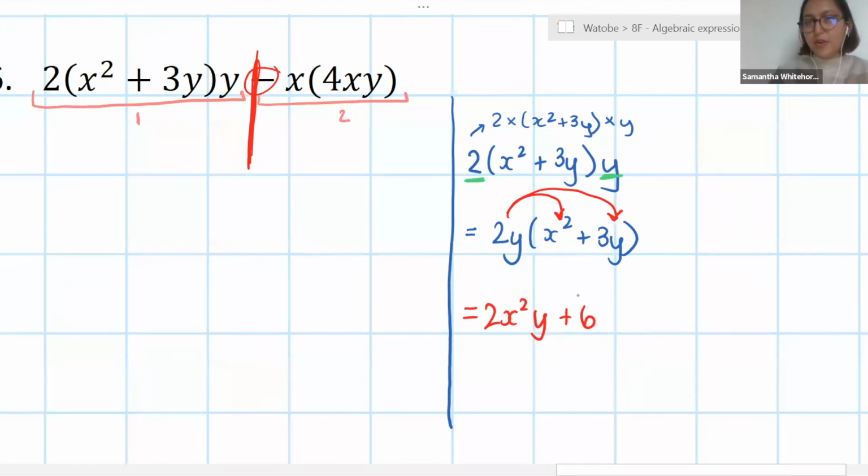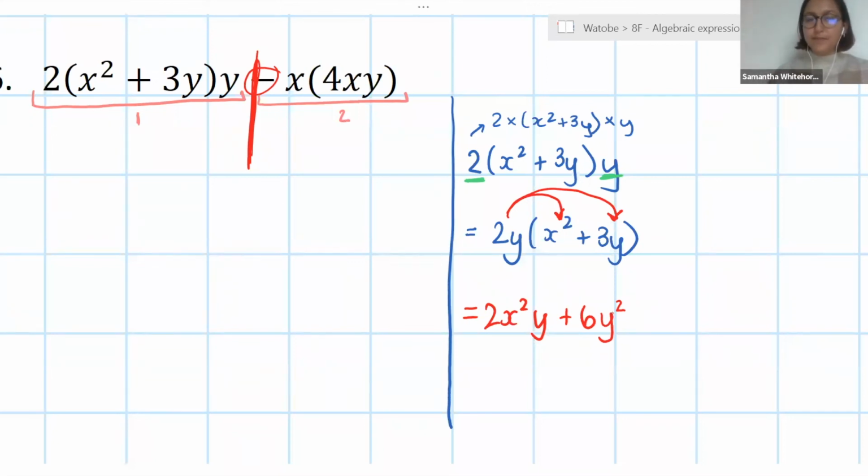Okay, now if we've got a y times a y, what do we end up with? x to the power of 2 squared. Good, well done. Okay, so exactly as Ayanda said, when we say 2y times x squared, we get 2x squared y. And when we say 2y times 3y, we get 6y squared. We need to remember that when we say y times y, I'm going to change the exponent, so I get y squared.